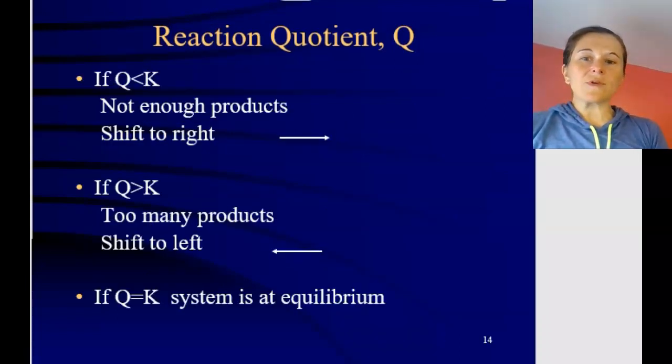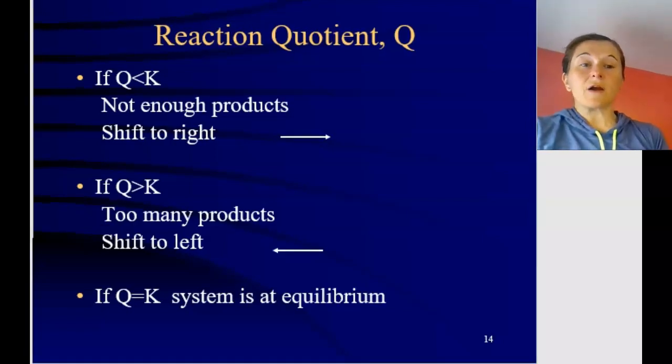So here we see, and I don't want you to memorize these. We really want to understand the trends here. So let's take a look at an example. Okay, so let's keep our example pretty simple.